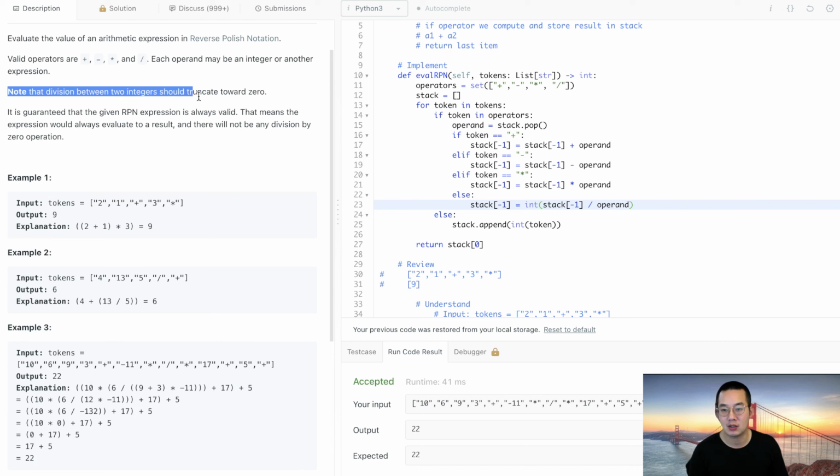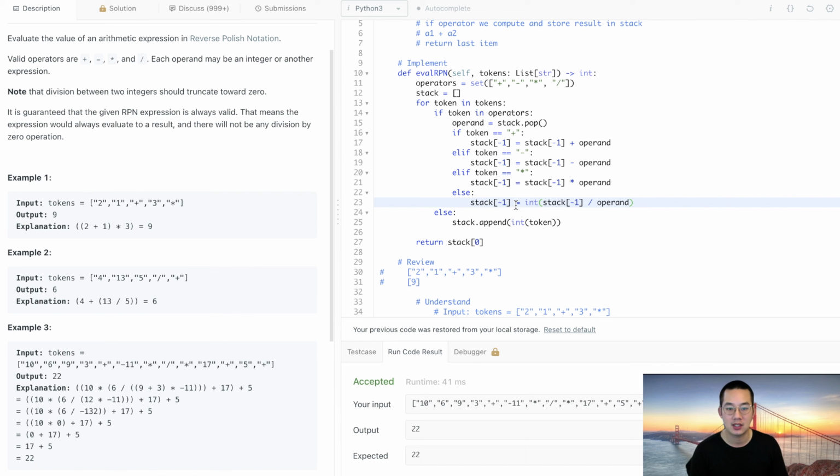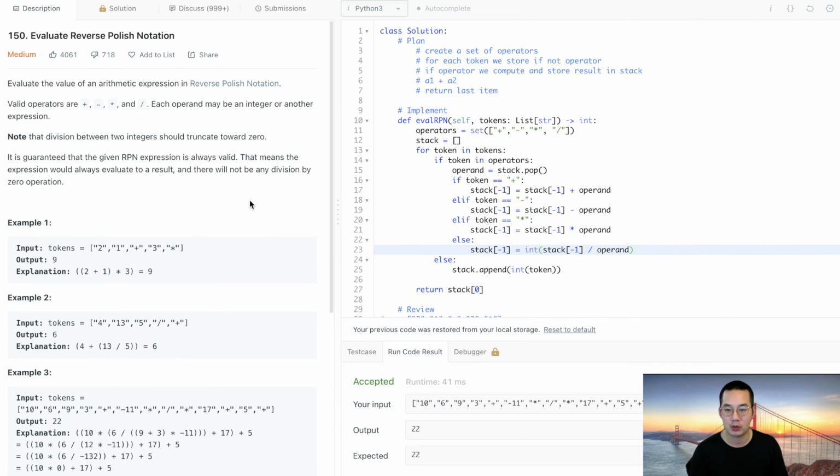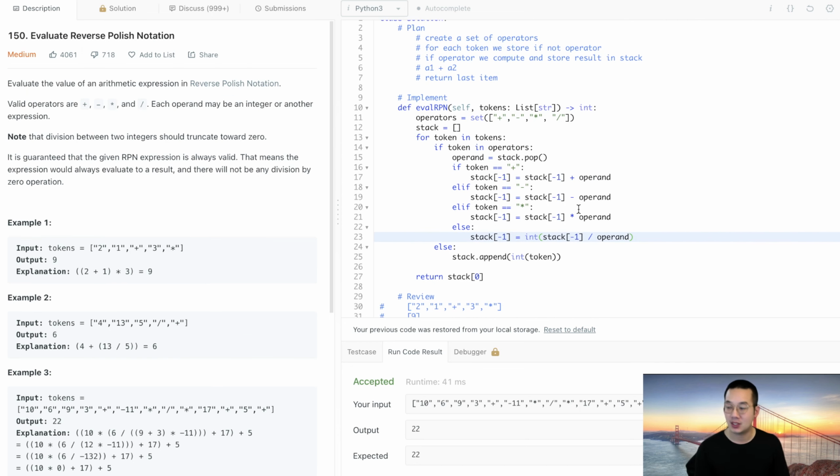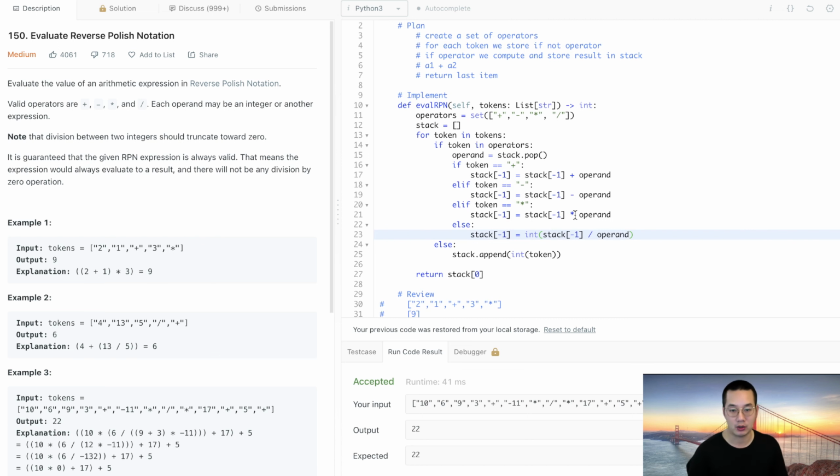The note: the division between two integers should truncate toward 0. So it doesn't floor, nor does it ceiling; it just goes toward 0. I did not read that, and that's why it caused a little confusion.